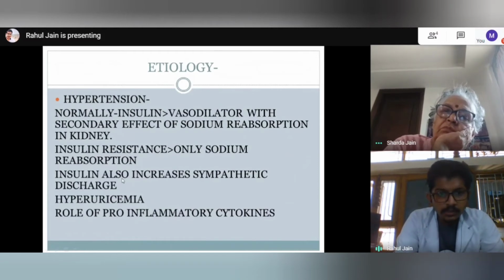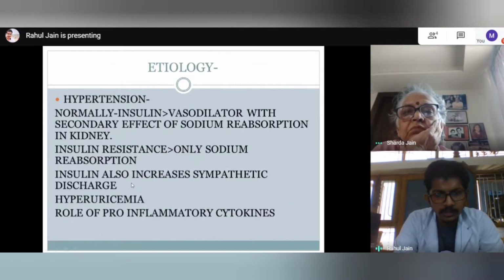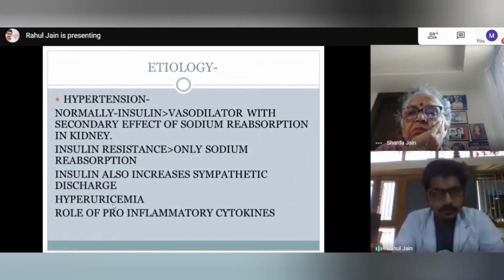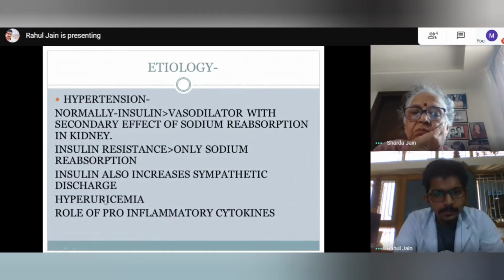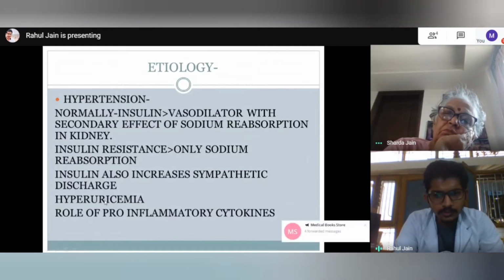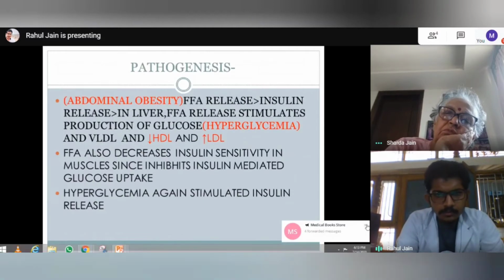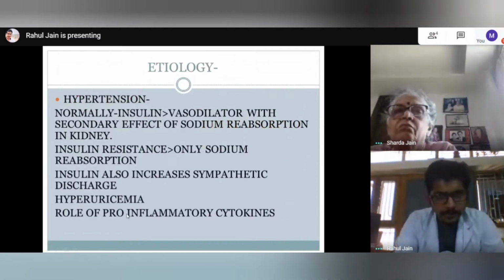Then insulin also increases sympathetic discharge. As we know, sympathetic discharge increases blood pressure with a catecholamine surge, so that is also one reason for hypertension. And hyperuricemia is a marker. In any hyperuricemic patient, when we see increased uric acid levels in the kidney function test, that should make us alert that this patient is going towards metabolic syndrome associated with hypertension.